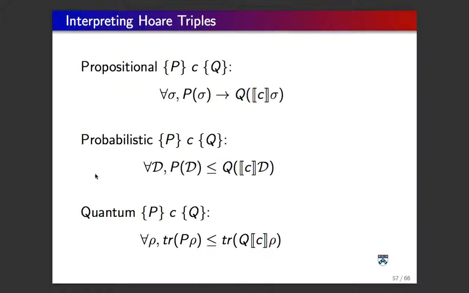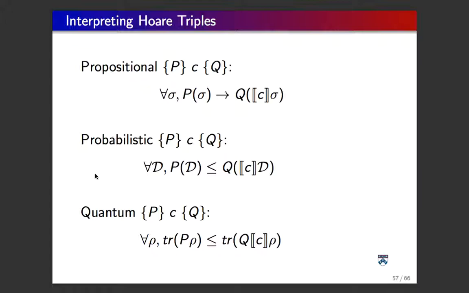Briefly, to go through the meaning of the triples in each case. In the propositional case, {P} C {Q} means for every sigma, if P of sigma, then Q of C of sigma, assuming we have a denotational semantics for it.